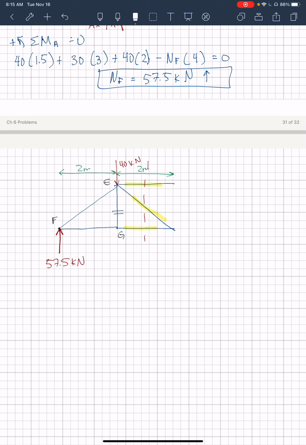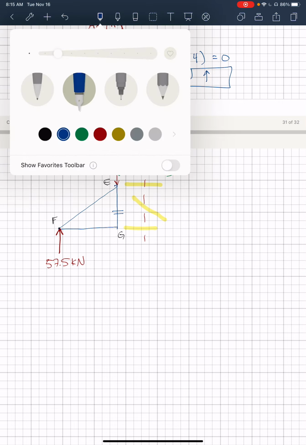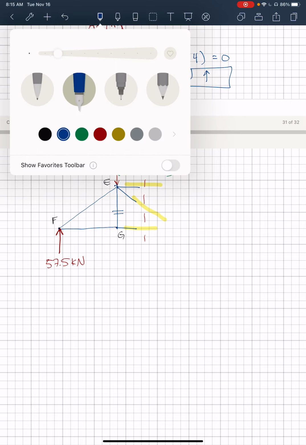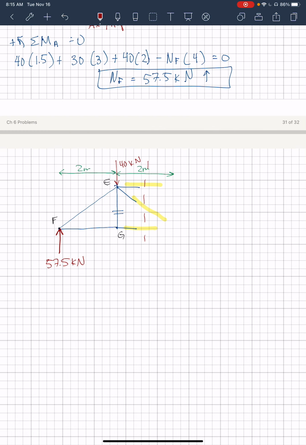I'm just cleaning this up a little bit. This is where we cut, and then we need to put forces to replace them.